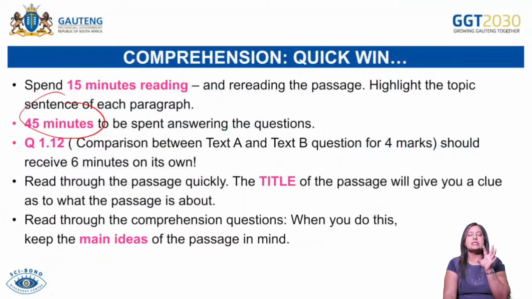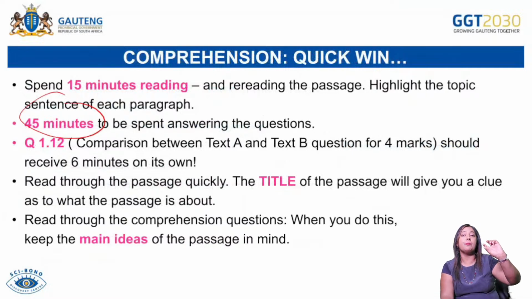But in essence, the question is still asking for the same information as you've seen in the previous exam papers. So remember, it's a comparison question between text A and text B. Sometimes you may be asked to look at a particular paragraph in text A in relation to text B. You need to look for the important information that the question is asking of you and compare what the two texts are saying about that particular issue.